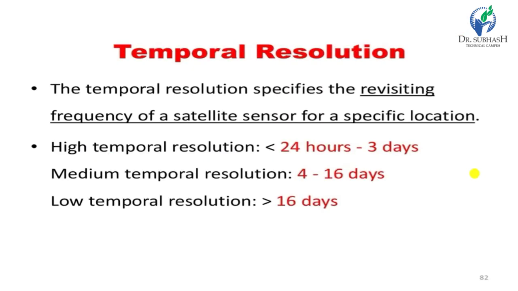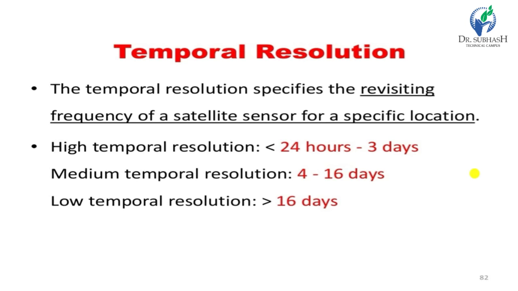Now next is temporal resolution. Temporal resolution specifies the revisiting frequency of a satellite sensor for a specific location. We know that satellites capture pictures of the same area many times, and these are combined with each other to enhance the resolution of the pictures.